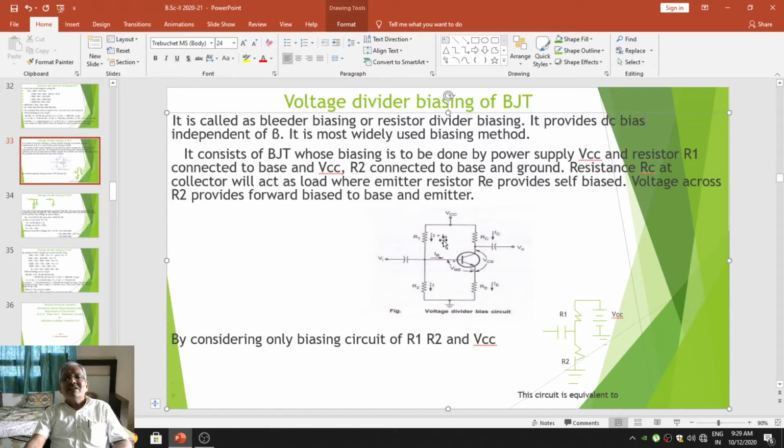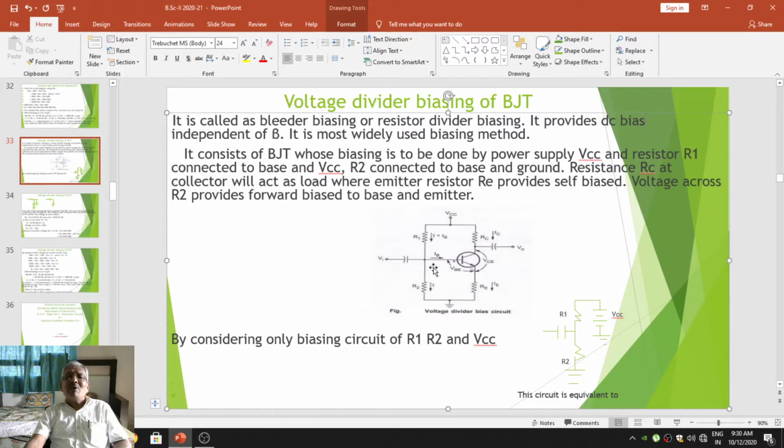So here the resistance is divided into two parts. As the resistance is divided, the voltage across the respective resistance is also divided. So that's why it is called the resistor divider biasing method or voltage divider biasing method, and this network is called the resistor dividing network.